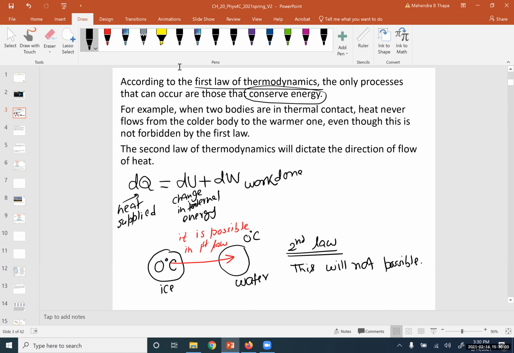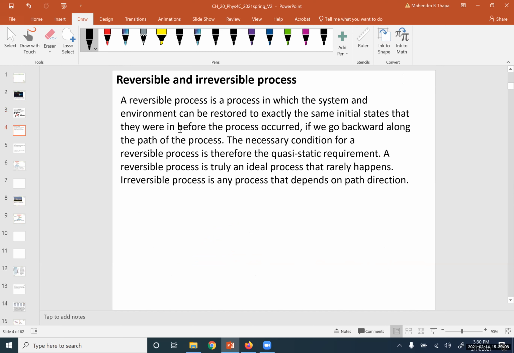So let's talk again about the reversible process and the irreversible process. We are just repeating.